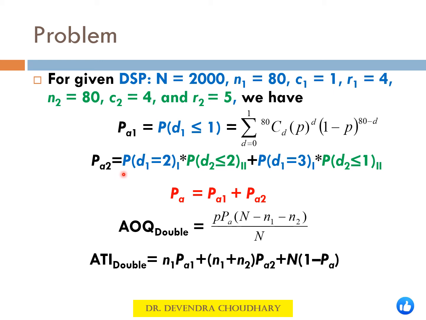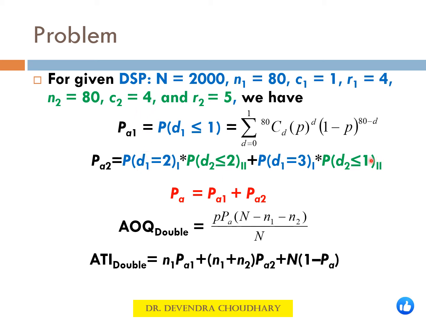So when we multiply this probability of having 2 defectives in first sample and probability of having at most 2 defectives in second sample, this would give you maximum 4 defectives at which lot would be accepted after second sample.